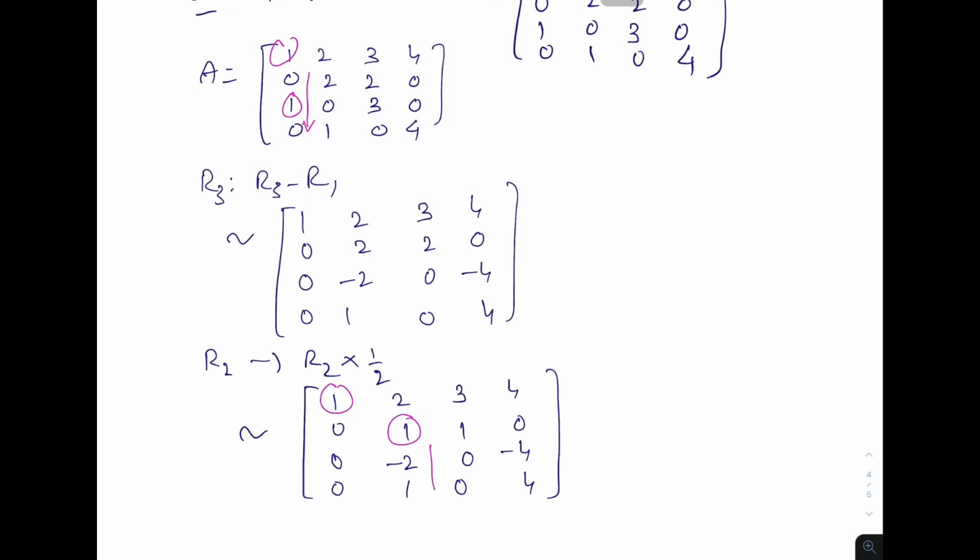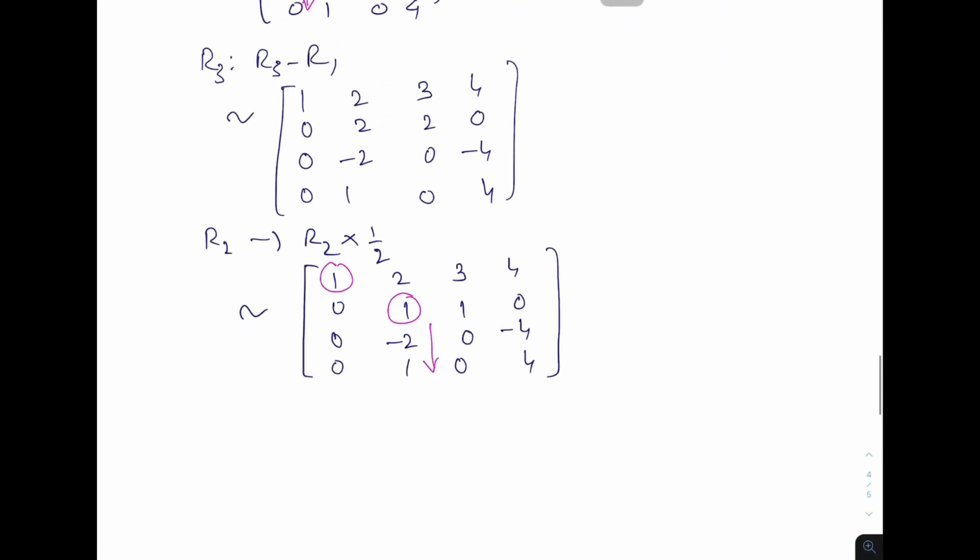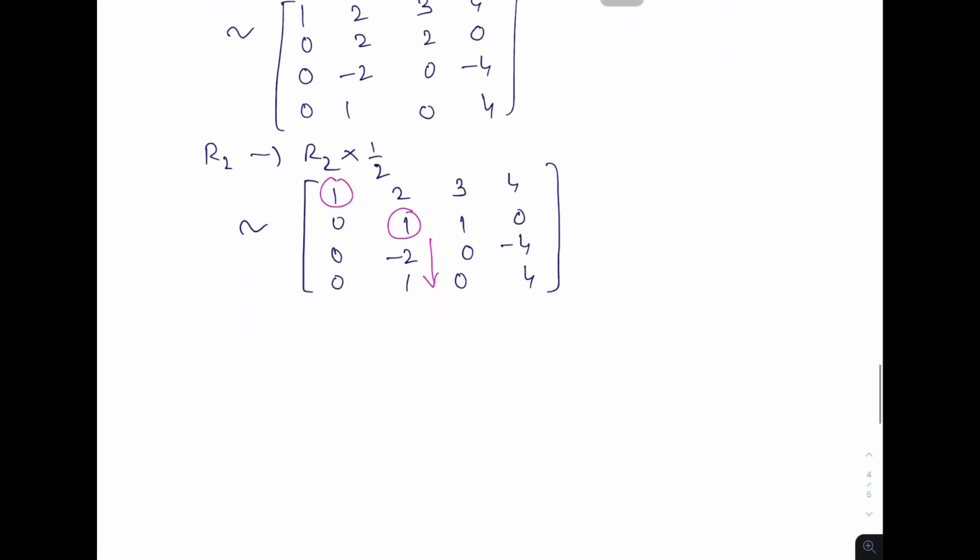Now this is a leading one, so we have to make these two entries 0. So R3 plus 2R2, R4 minus R2.